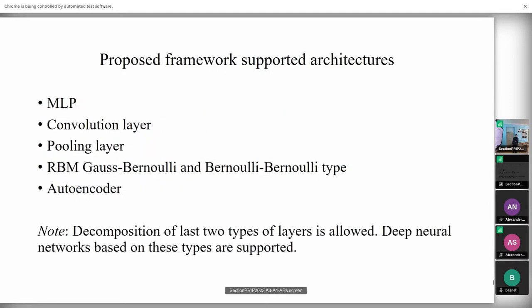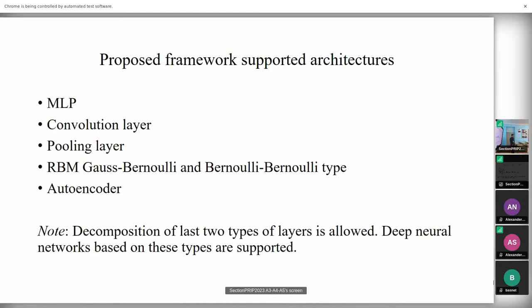Next slide, please. First is architectures. Multi-layer perceptrons are supported, convolution layers, pooling layers, restricted Boltzmann machines of Gauss-Bernoulli and Bernoulli types are supported also, and autoencoders. A very important note: the composition of the last two types of layers is allowed.